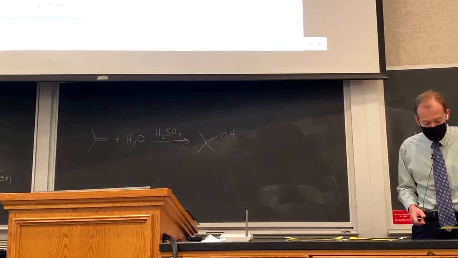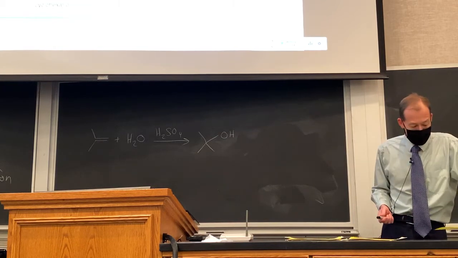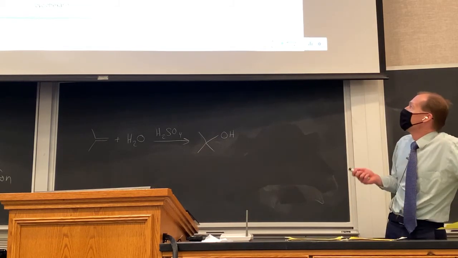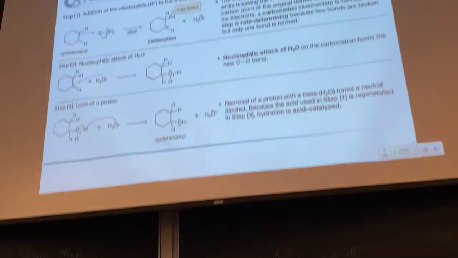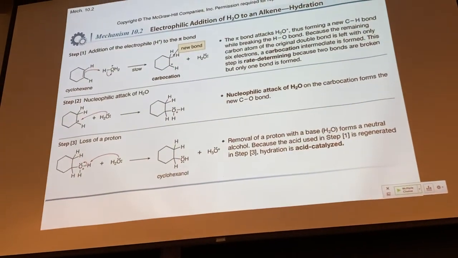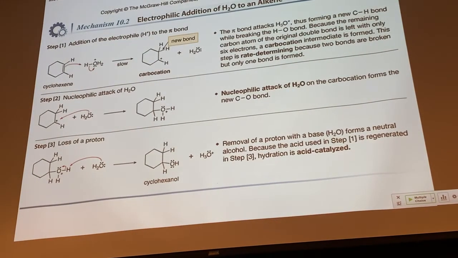So a couple consequences of this mechanism. Because the addition is essentially the same as the hydrohalogenation addition in terms of mechanism, the reaction will follow Markovnikov's rule. We're going to protonate the less substituted carbon of the alkene to generate the more substituted carbocation. So what that means is we'll form the more substituted alcohol.